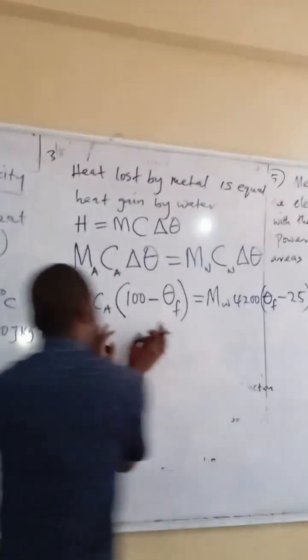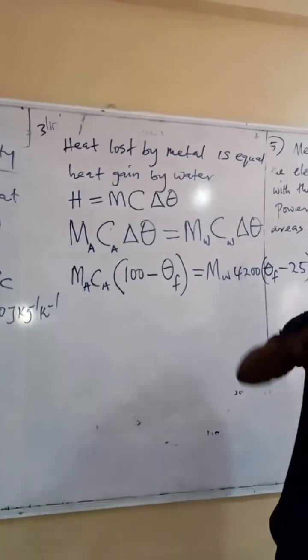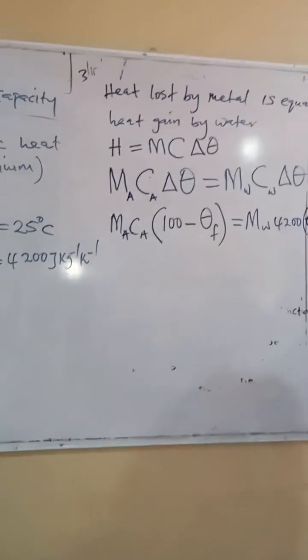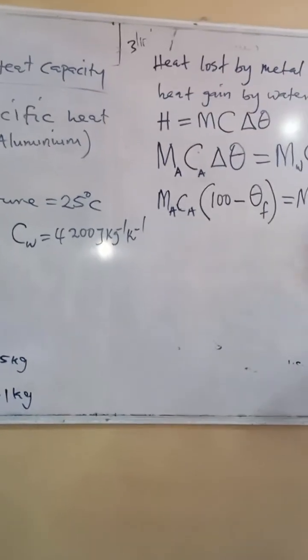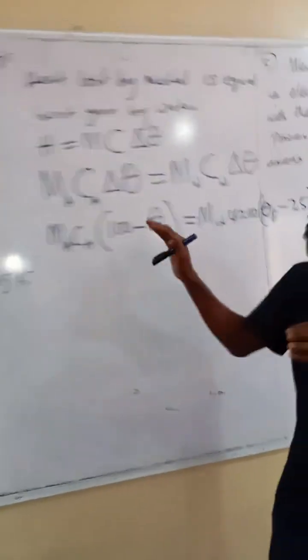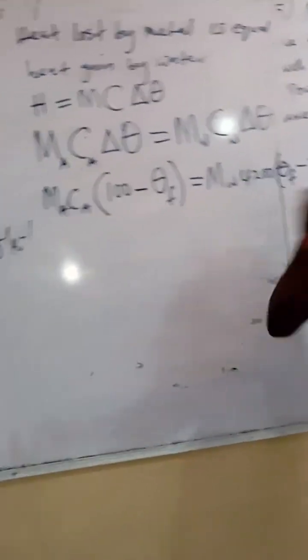On a normal day, we are supposed to measure the mass of water plus the calorimeter added together. But because what we are doing is just an experiment to explain the basic concept of specific heat capacity, we are not going into that.